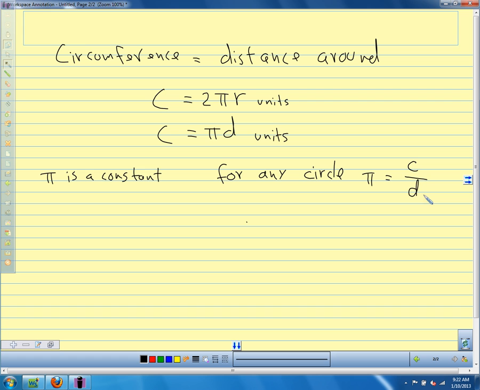So when we're working on circles, the questions will ask us sometimes to give an exact answer, or the other way they'll write the question is to give your answer in terms of pi. And what that means is we multiply everything out except the pi, and we leave pi in our answer.